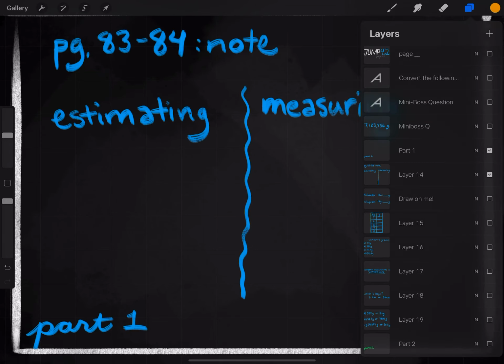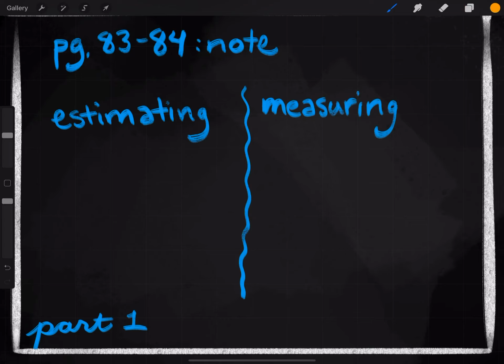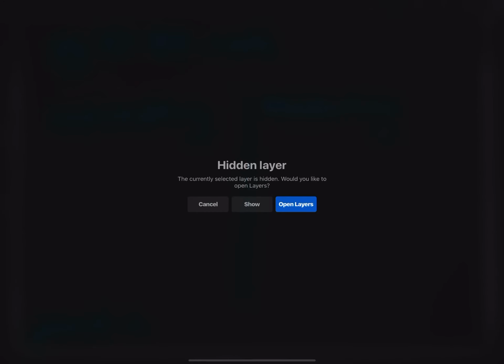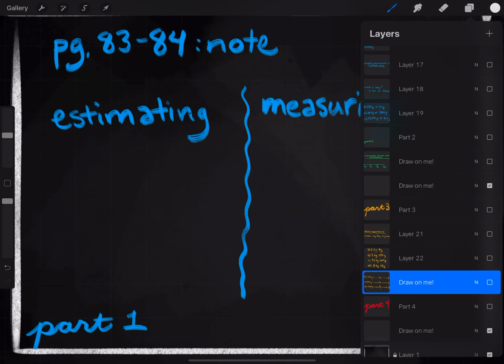Okay. A quick note before I do page 85 lesson, actually. On page 83 to 84, there are some questions where they have you estimate how much you think something weighs.